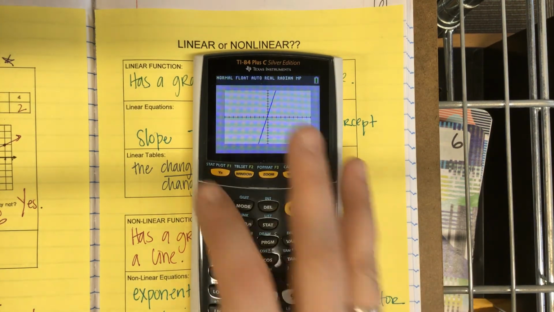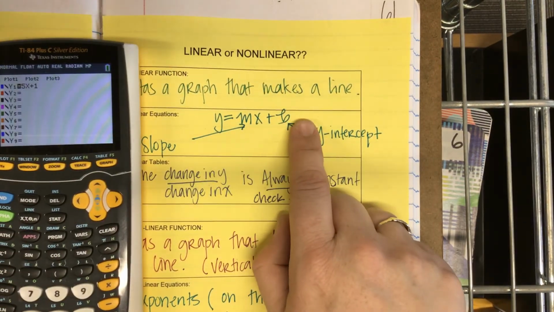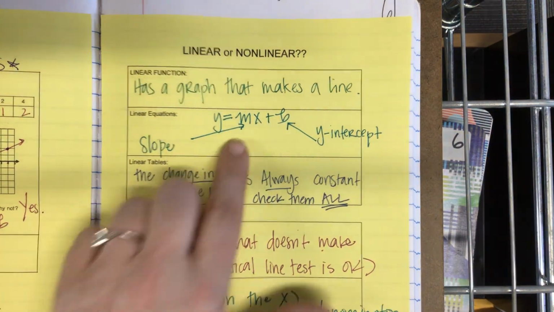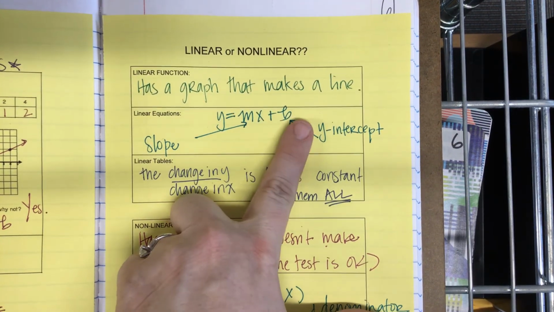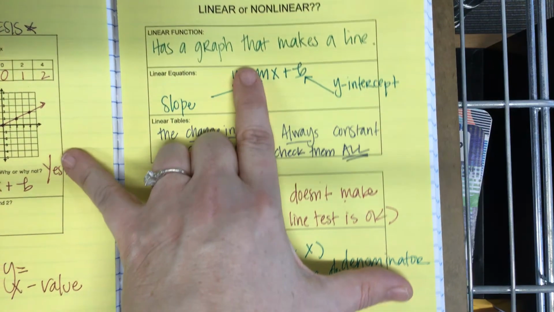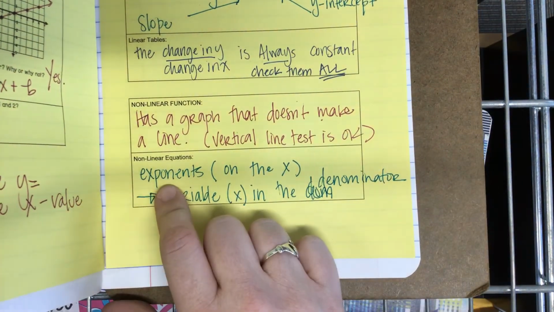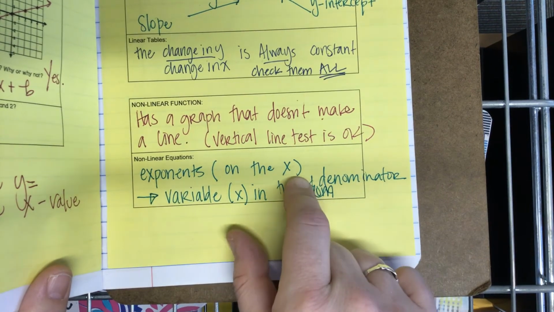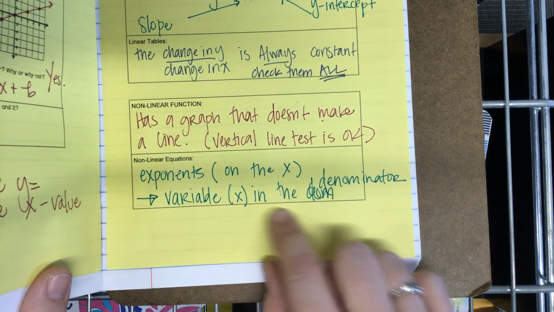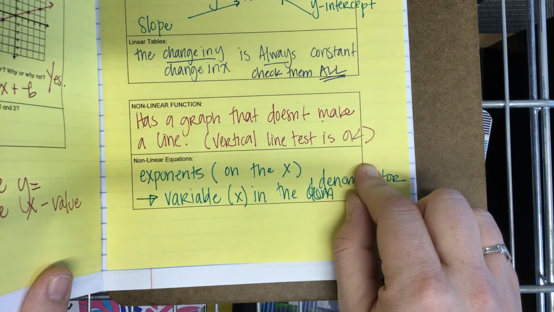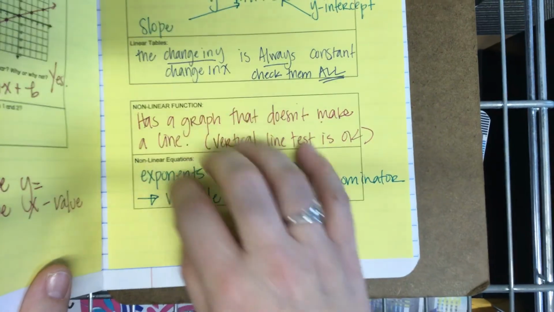A linear equation is in the form y equals mx plus b. There's a y, there's an x, and there are two values, a slope and an intercept. Nonlinear has exponents on the x, or the variable x is in the denominator. It's right here in your notes.